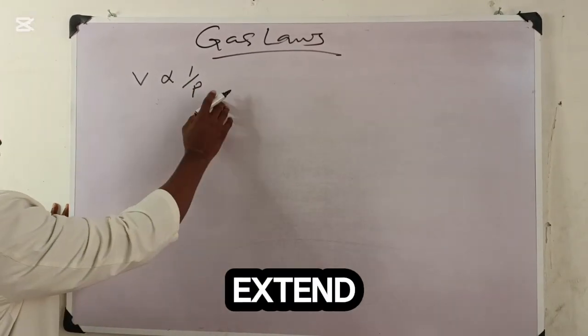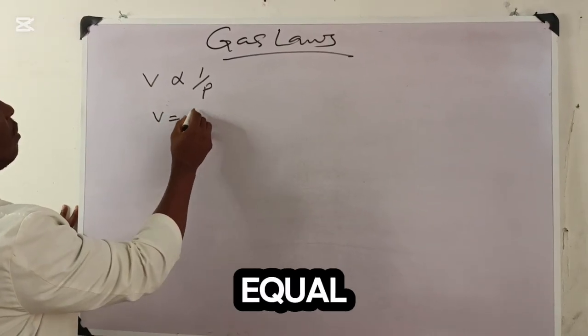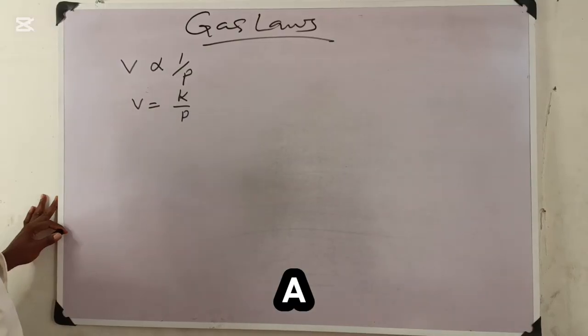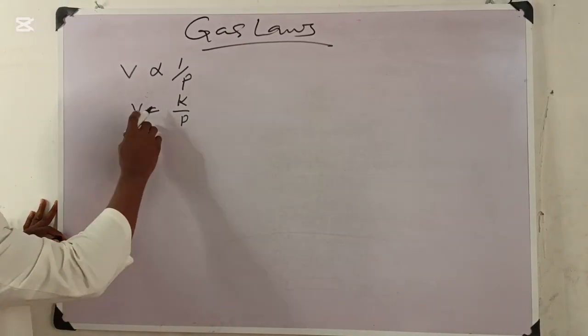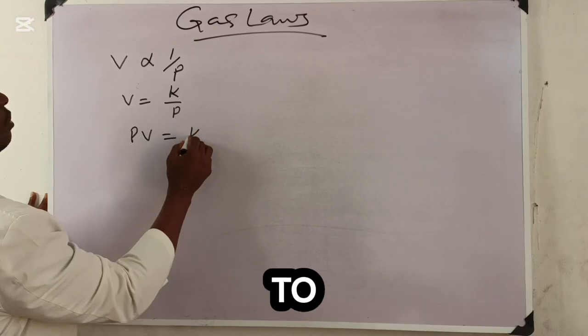And if we extend this, V is equal to K over P, where K is the mathematical constant. Solving for K, we will have PV is equal to K.